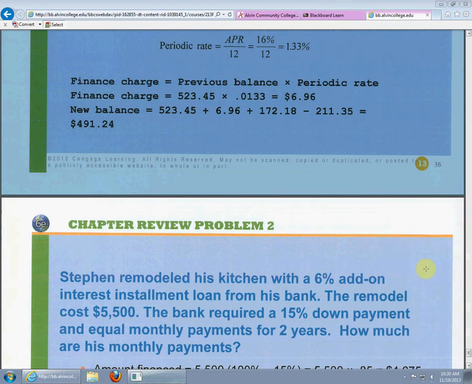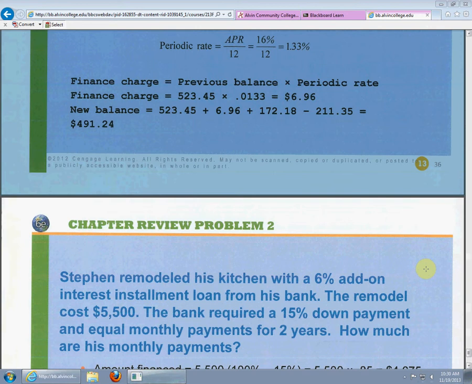Okay, our first step is to find the amount financed. So we take the purchase price, which is $5,500, and we do the complement of the 15% down, so it would be 85%, and so it's $4,675, the amount financed.